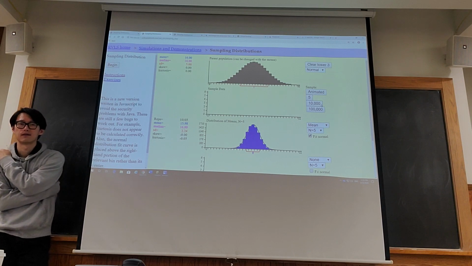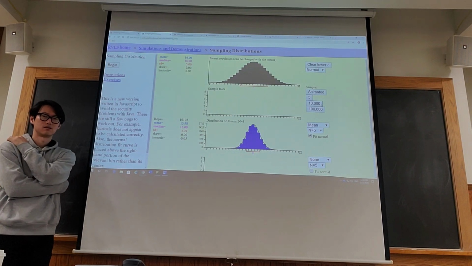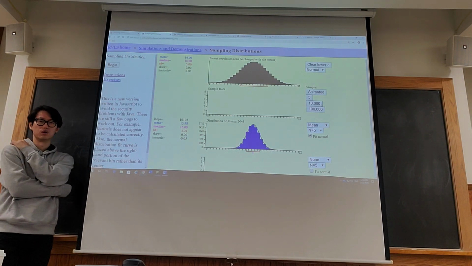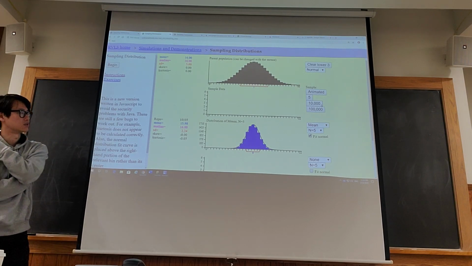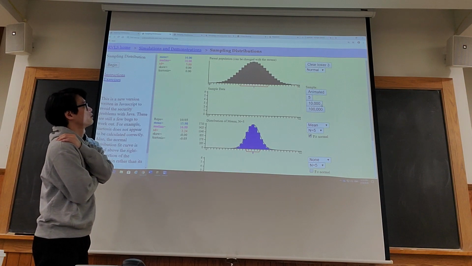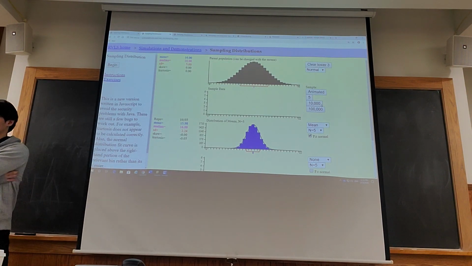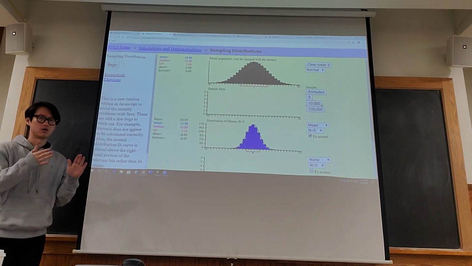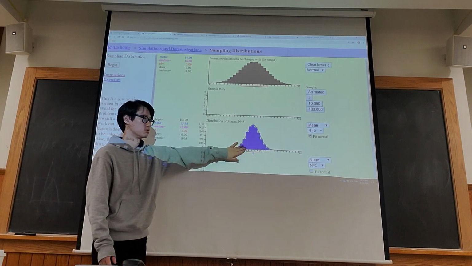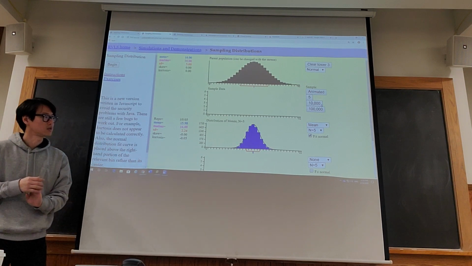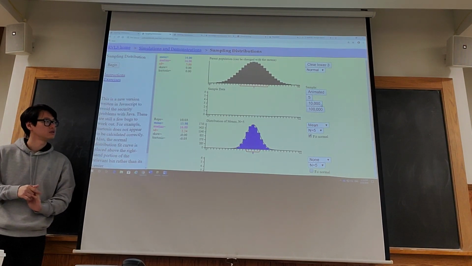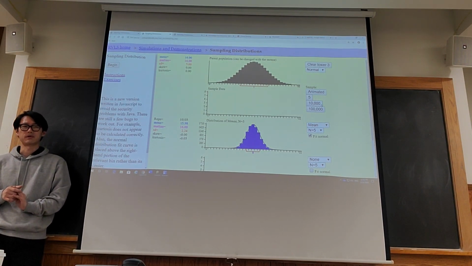Well, the standard deviation is less. Which one is less? The second one. Yeah, the blue one has less standard deviation than the black distribution. In other words, we have a narrower distribution in blue. Is there anything else you can see? What about the mean?